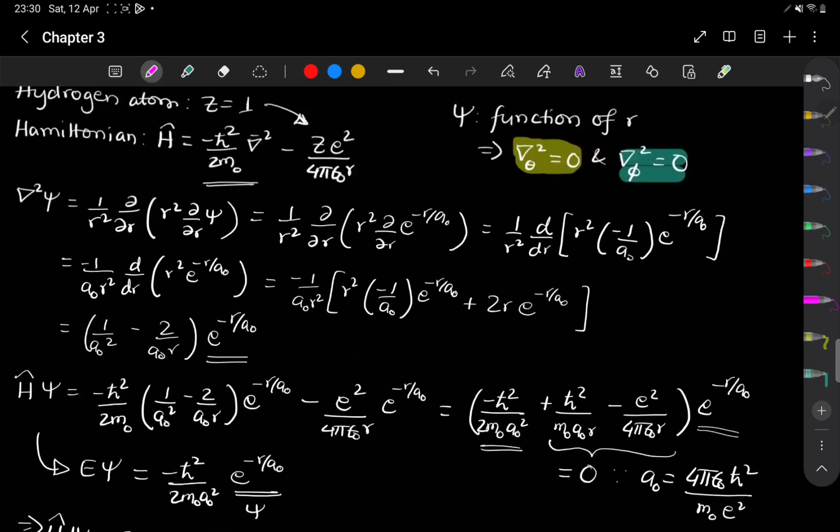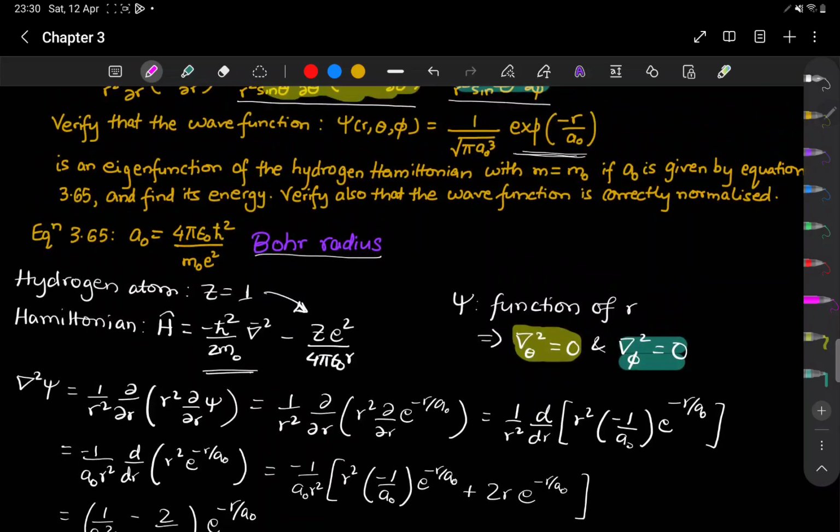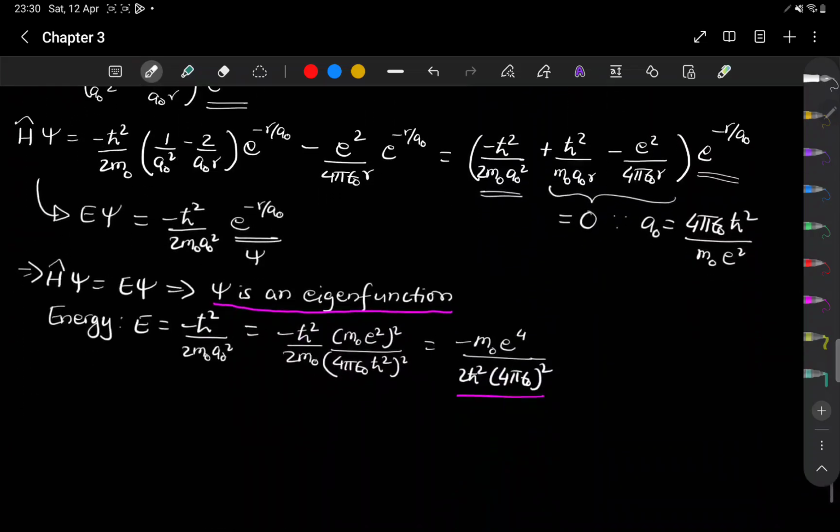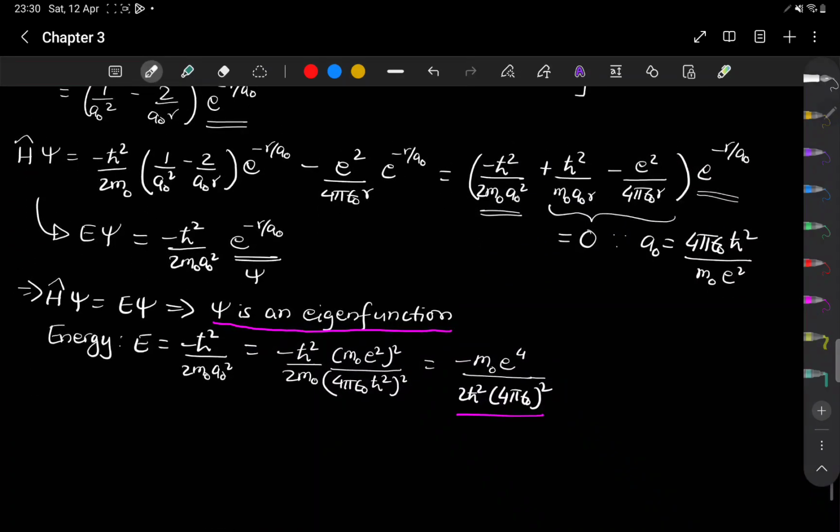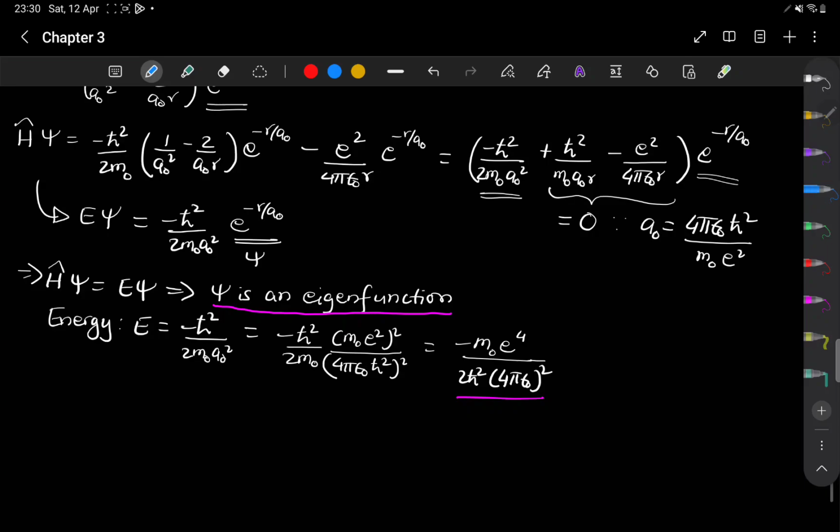Now we need to look at the last part of the question, which is to verify that the wave function is correctly normalized. And this constant term in the front is the normalization constant. So let us now look at normalization.